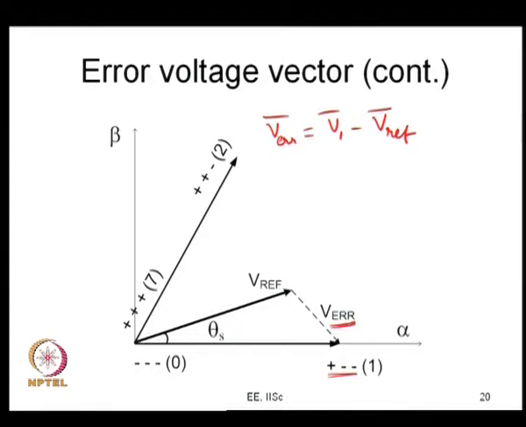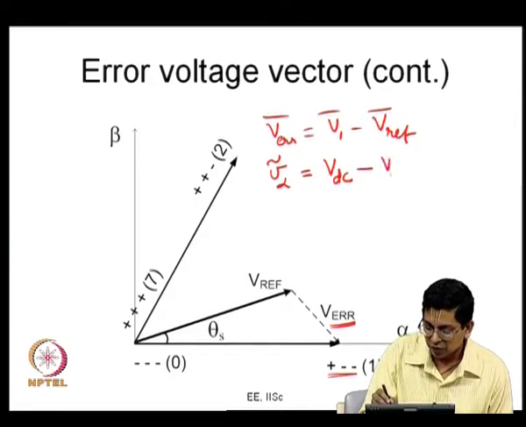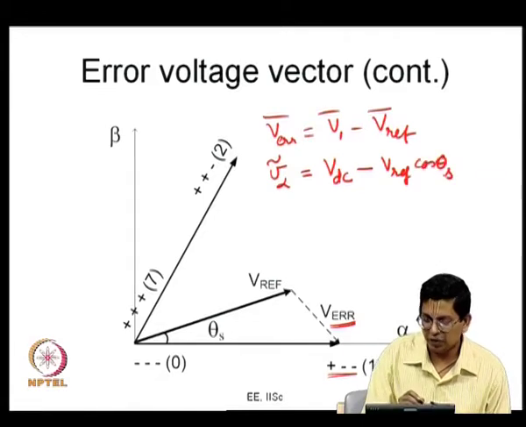This can be resolved along alpha and beta. Let me take V alpha tilde. What is the applied voltage along the alpha axis? The applied voltage is V1, that is VDC, since it is entirely aligned along the alpha axis. Therefore, it is VDC minus V reference cos of theta s. This is the error voltage along the alpha axis.